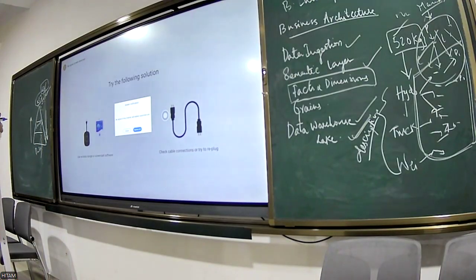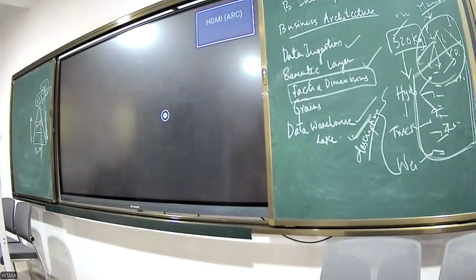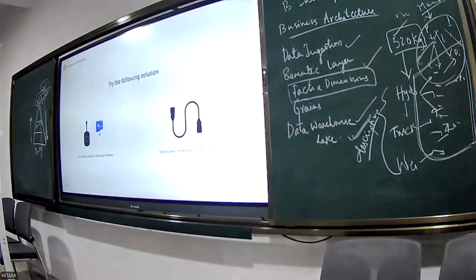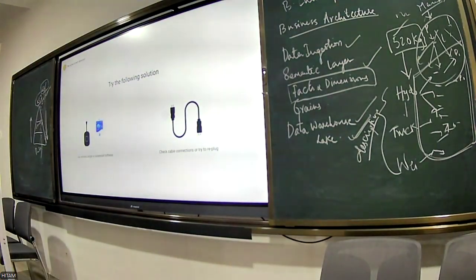Office supplies, furniture, technology. Right, office supplies, technology, and furniture. Yes, these are the different product categories.